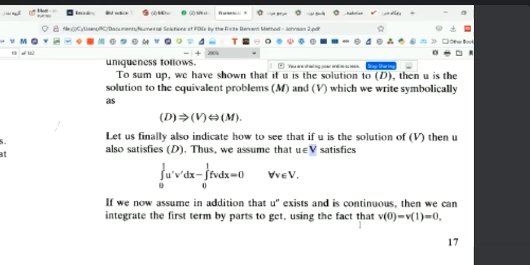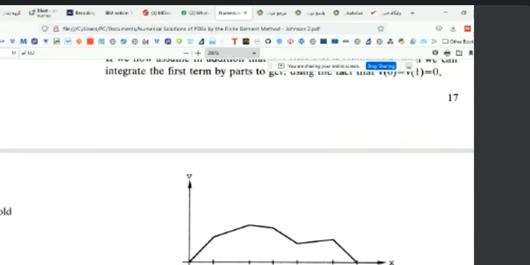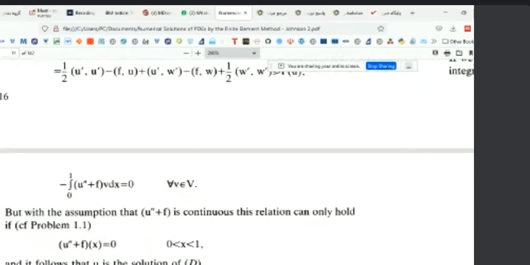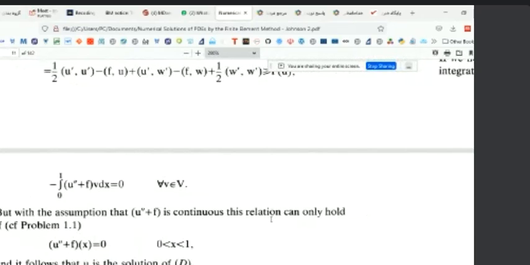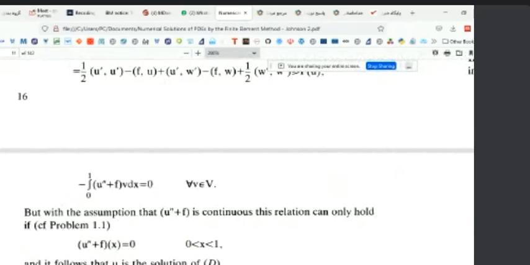Using the fact that the boundary conditions v(0), v(1) are equal to zero, and the chain vanishes at 0, by taking the integration by parts, we can get these values minus the integral from 0 to 1 of (u double prime plus f) v dx equals 0.